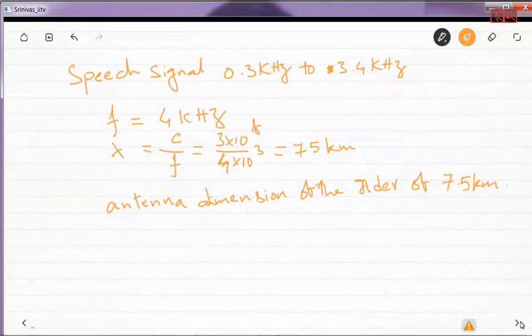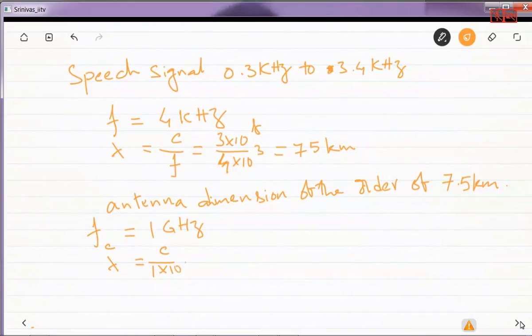You will know how to translate and all that, right? Just assume that now you want to transmit a signal at 1 gigahertz frequency. Then the corresponding lambda will be C by 1 gigahertz, that is 3 into 10 power 8 divided by 1 into 10 power 9, which is 0.3 meters.